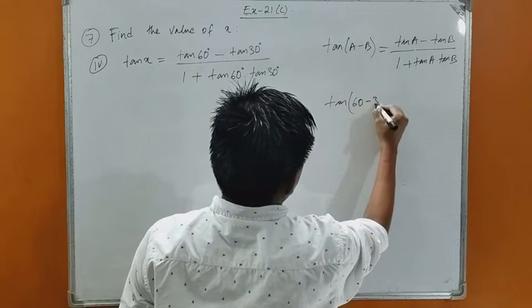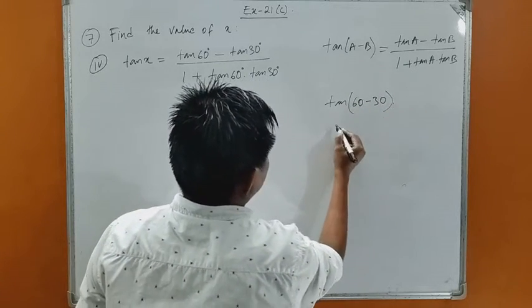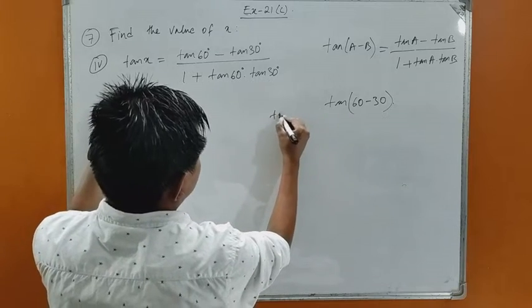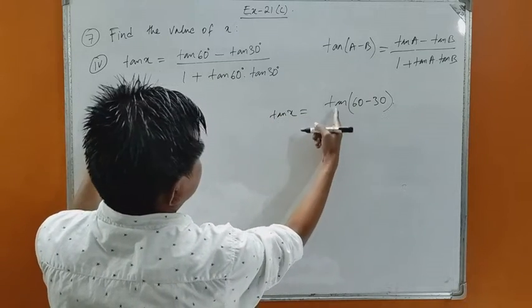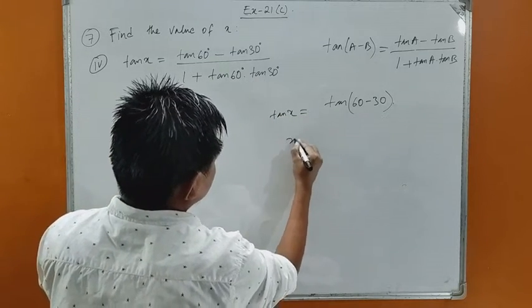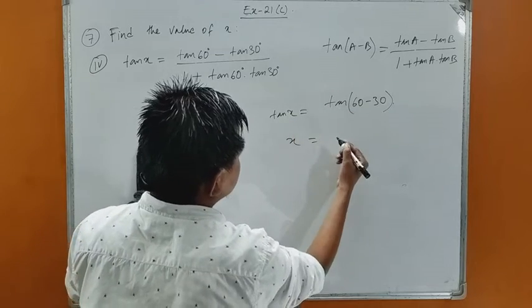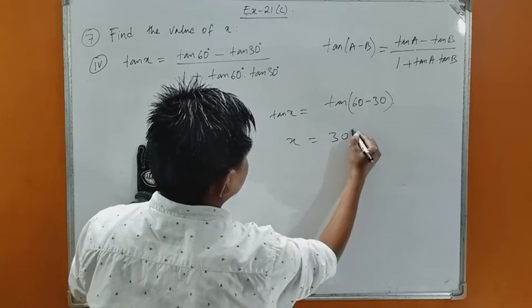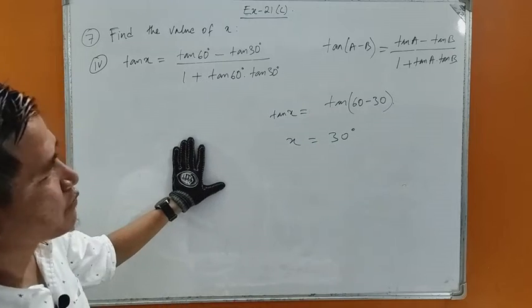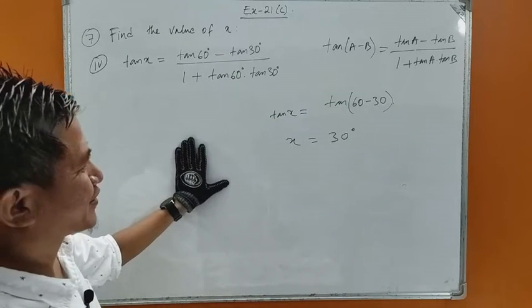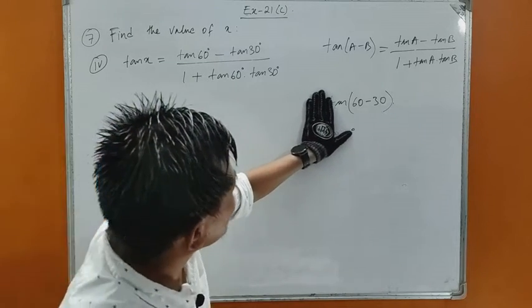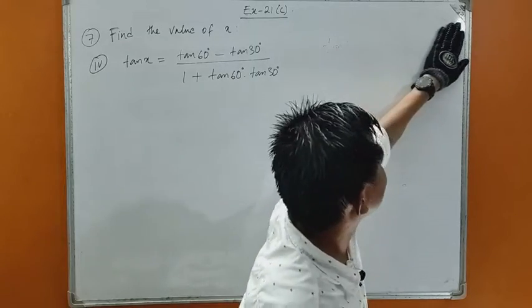So we have tan x equals this. So x equals, leaving tan from both the sides, 60 minus 30, which is 30, isn't it? We can find the answer in such a simple way, but this is not allowed here in class 10.